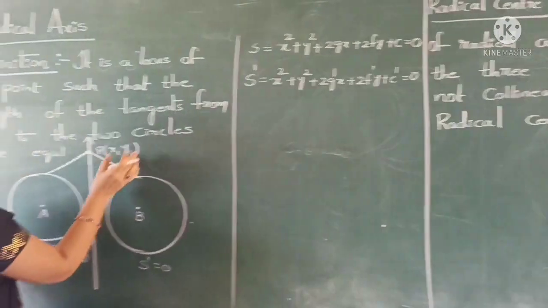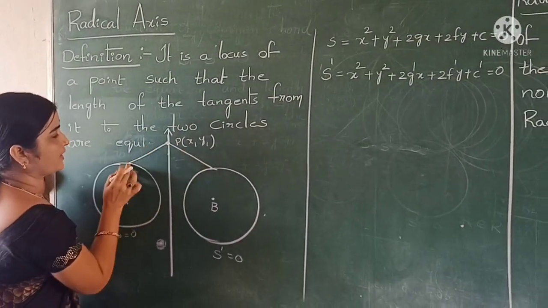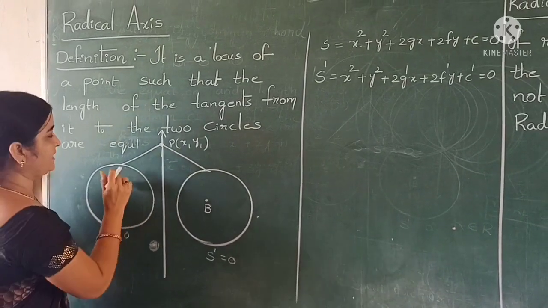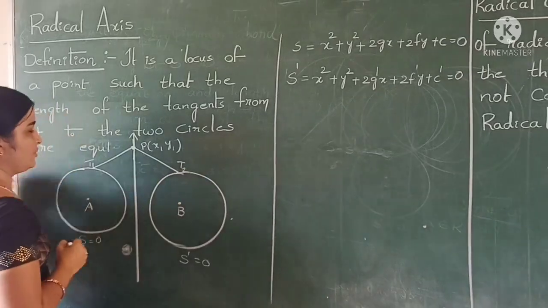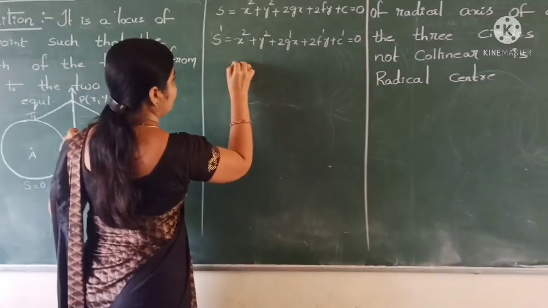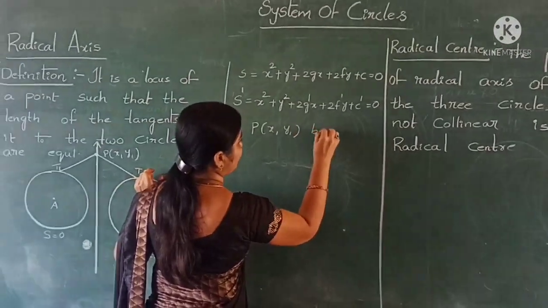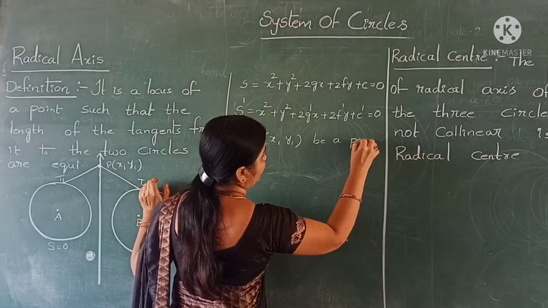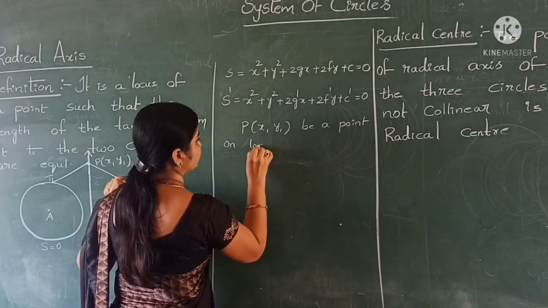Here the concept is that these two tangent lengths are equal. This is t1, this is tangent t2, meaning the two tangents of the circles are equal. P of x1 y1 is a point on the locus.